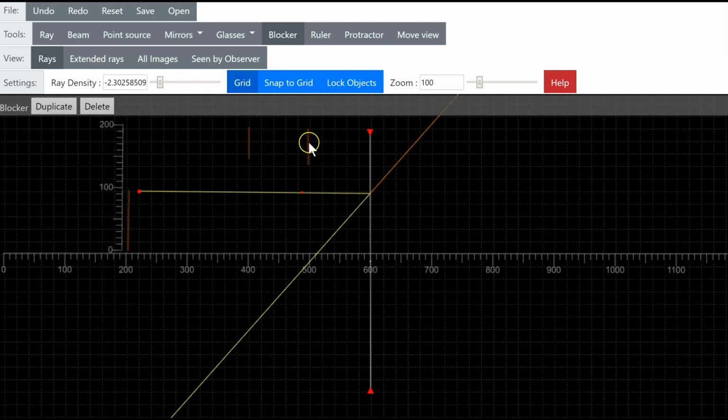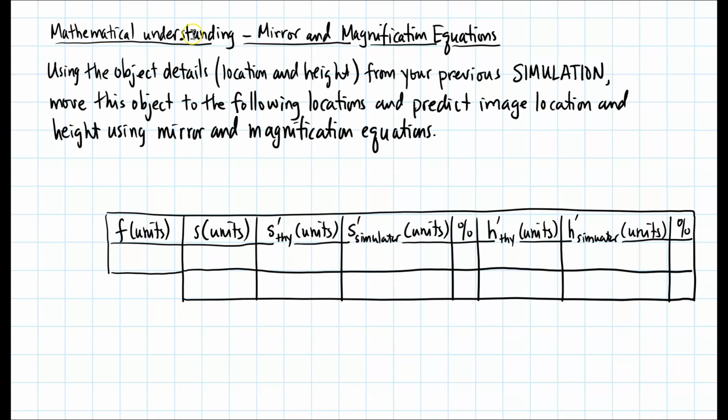Once again, I use blockers to identify my F, 2F, and the height of my object. Now compare this ray diagram with the one that you drew on paper. This next piece is on the mathematical understanding, mirror and magnification equations. Using the object details, that is the location and height, from the previous simulation when you were doing the conceptual understanding, move the object to the following locations and predict the image location and height using the mirror and magnification equations.